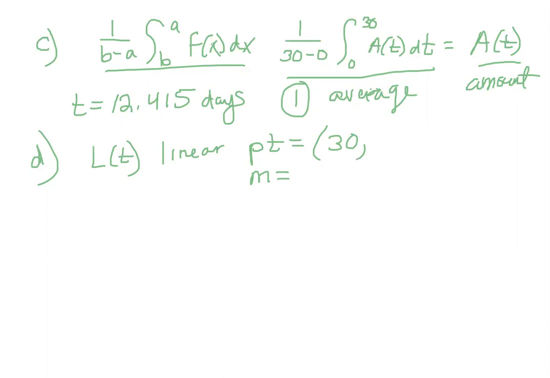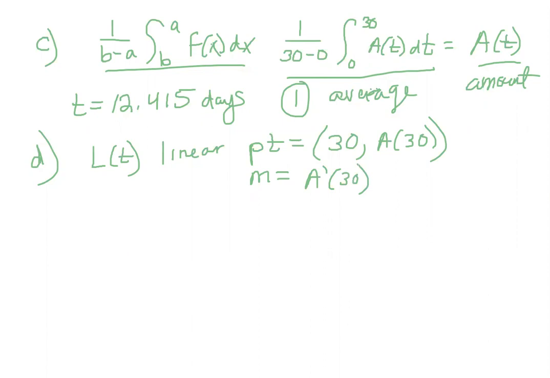And then you can find what y is by substituting that into your equation. Right now, I'm just going to call it A of 30. Okay, you can actually find that. The slope is going to be A prime of 30. You're going to take the derivative and find it.